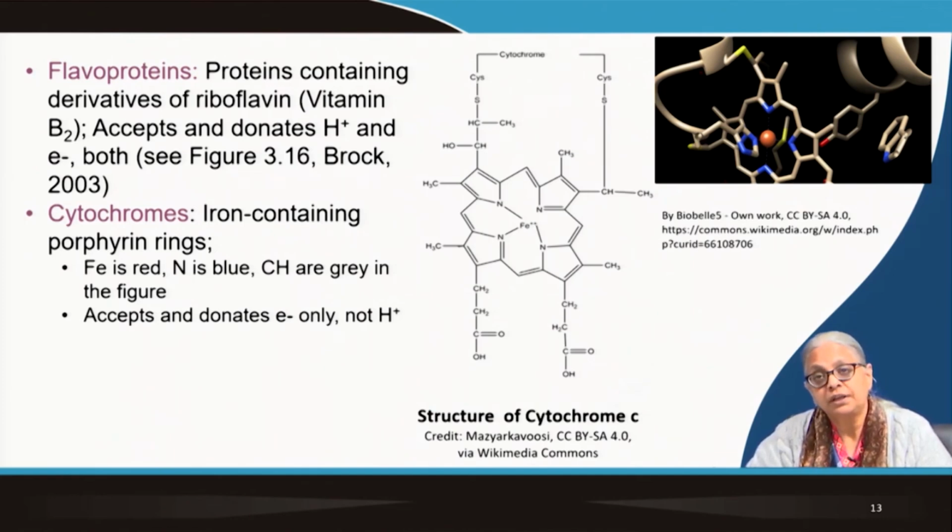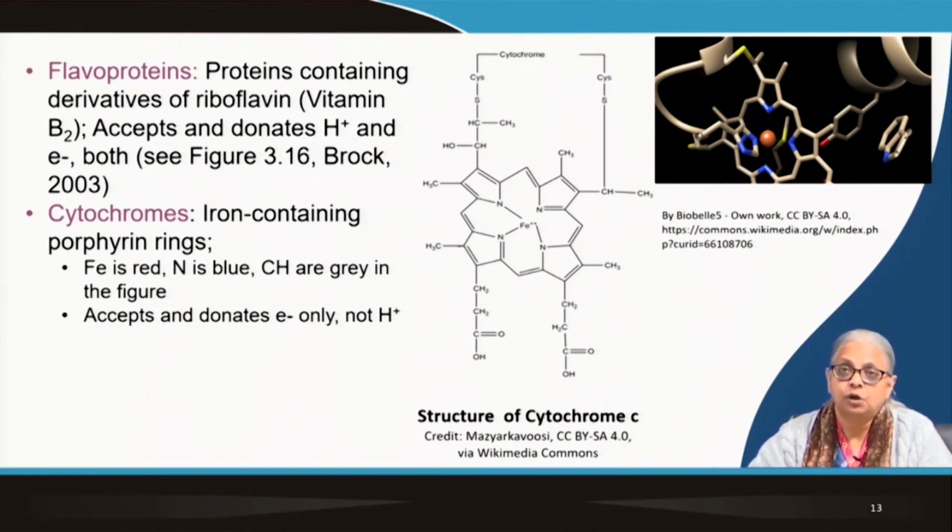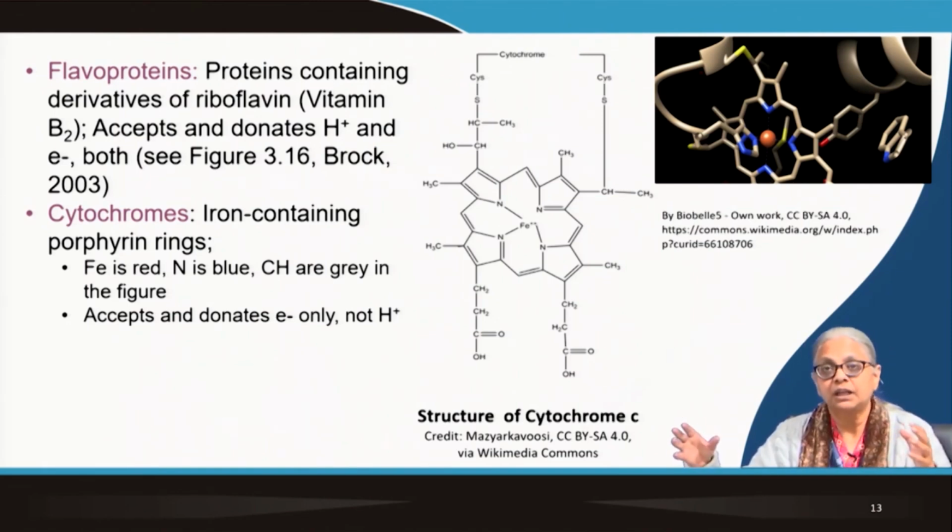And these are all very crucial because the entire electron transport chain depends on these carriers of protons and electrons for basically transferring electrons all the way from the substrate to the terminal electron acceptor, and in the process generating ATP. So these are crucial carriers.